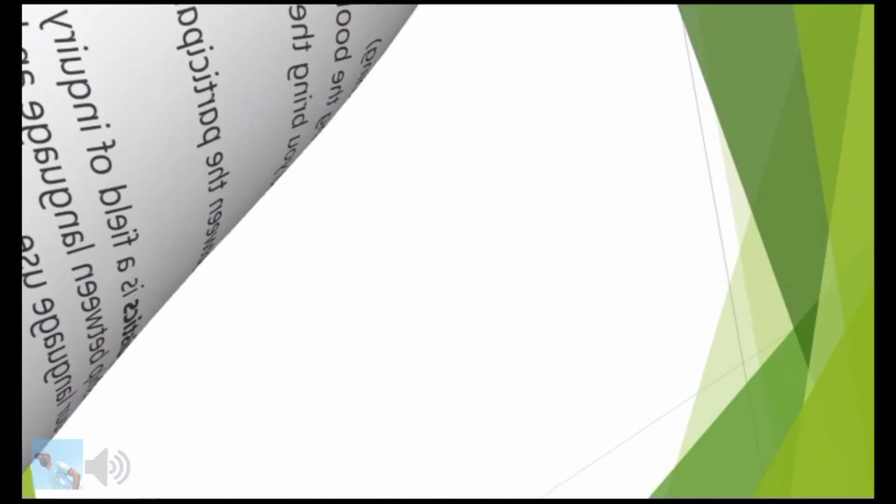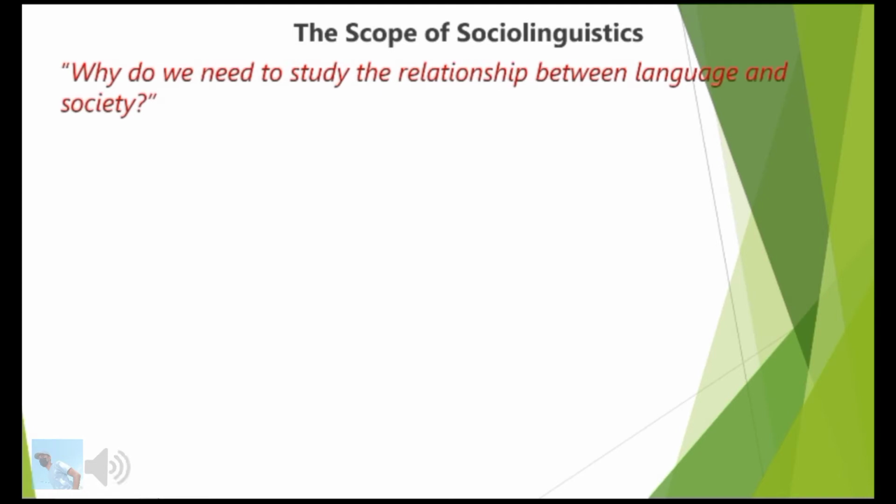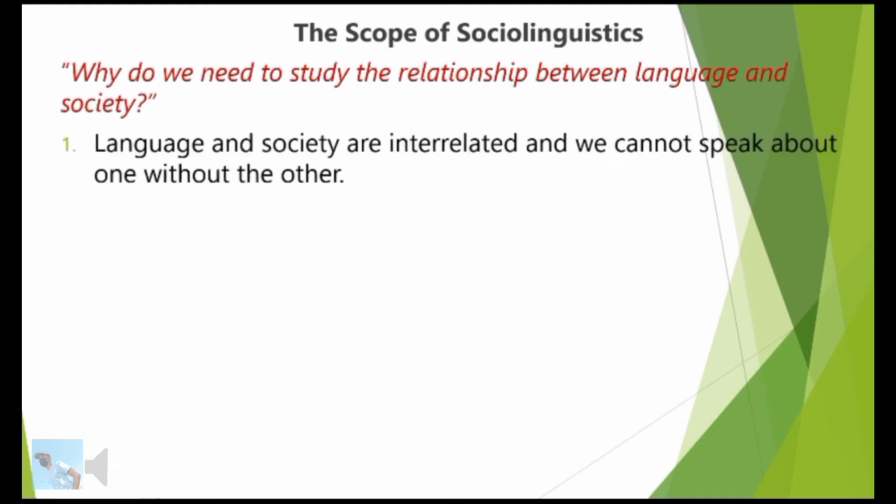Now that you know the context about sociolinguistics and its definition, we will move on to the scope of sociolinguistics. So, some of you might ask, why do we need to study the relationship between language and society? The first answer to that question is that language and society are interrelated and we cannot speak about one without the other.